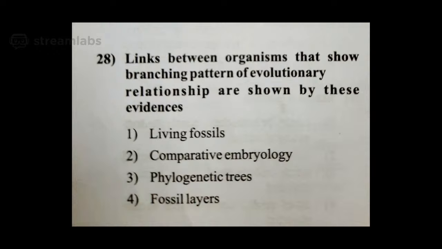But here the question is links between organisms, the branching pattern, relationship, everything should be seen in which of the following evidences? If you have any idea, you can answer. If not, I'll reveal the answer.